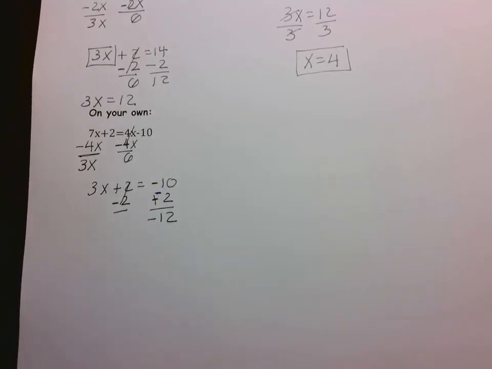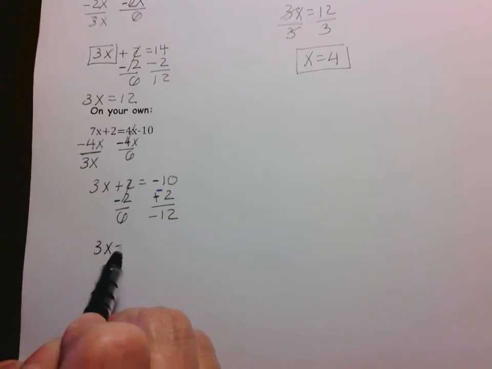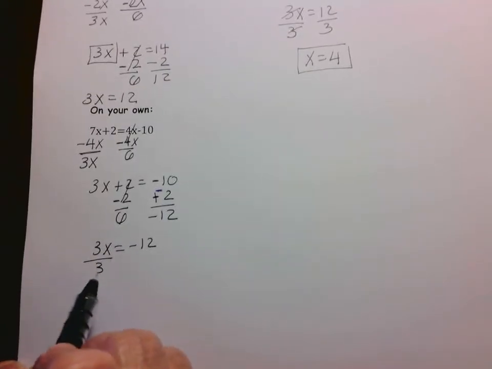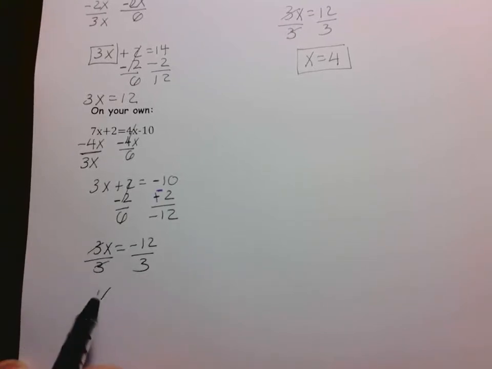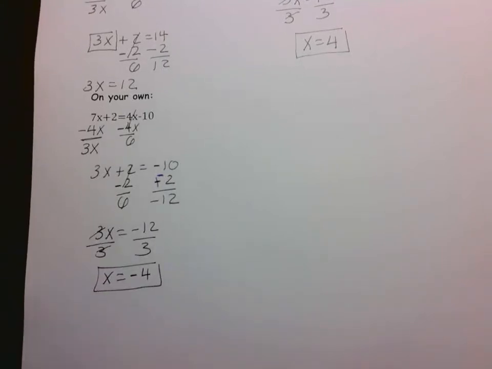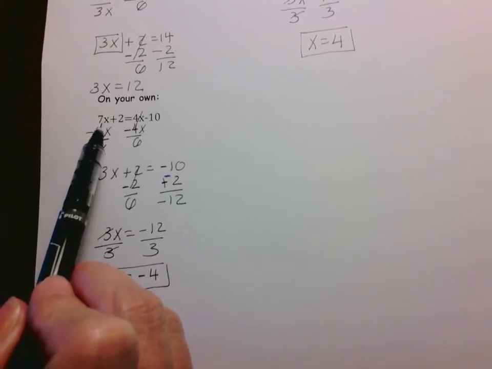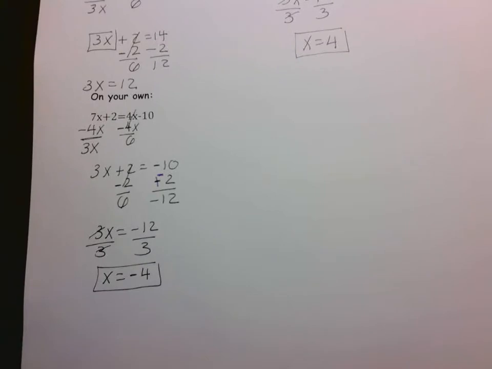So negative 10 minus 2 is the same thing as saying negative 10 plus negative 2. Do the keep, change, change so you don't make a computation error. And so then my answer is negative 4. If you started by subtracting 7x from both sides, that should get you the same answer.